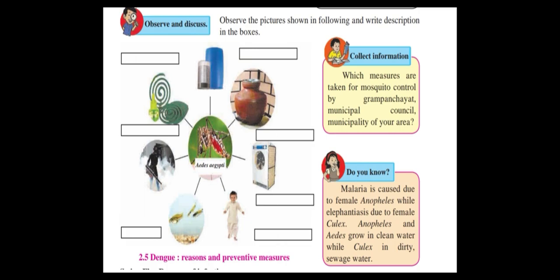In the right corner, it is the reproduction of mosquitoes where there is water logging. Below that there is one machine, where you have to write accumulation, that is also a cause of breeding, or you can say the water cooler. Then a baby is there, so there you have to write infection to babies.